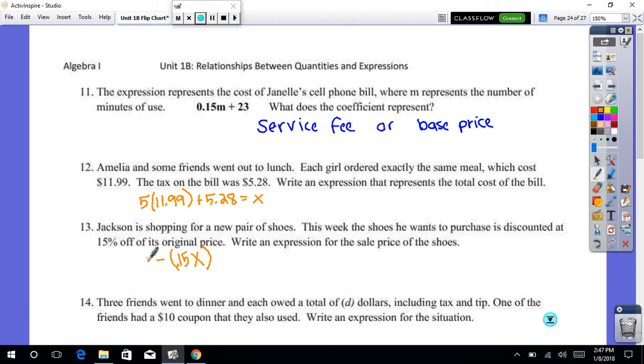And we subtract that discount from the price of the shoes. Okay, so we have the price of the shoes minus however much discount we're going to get. Okay, so technically if we combine that, we would get 0.85x as our simplified expression.